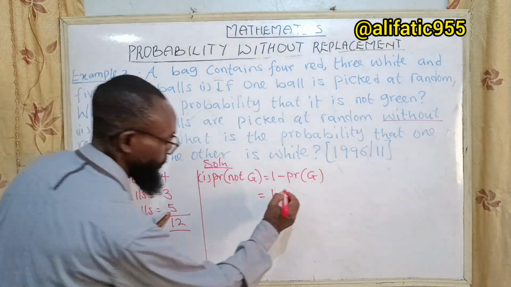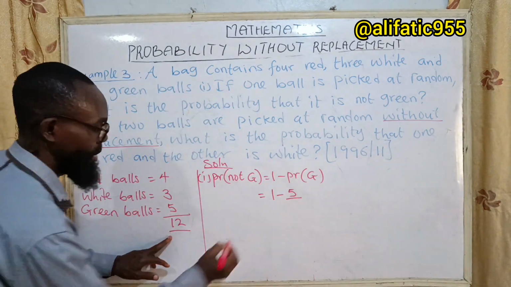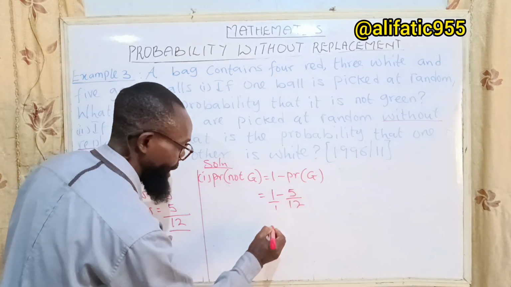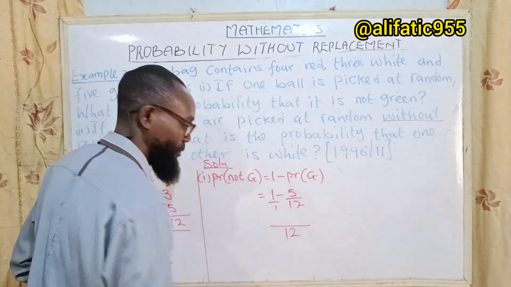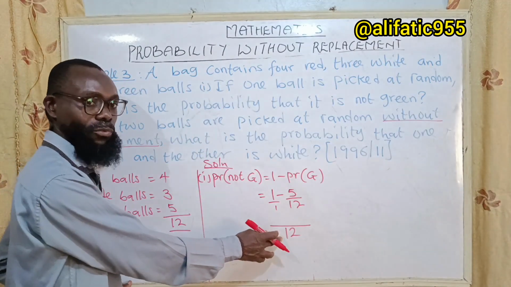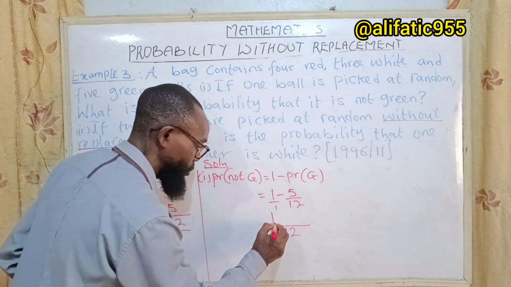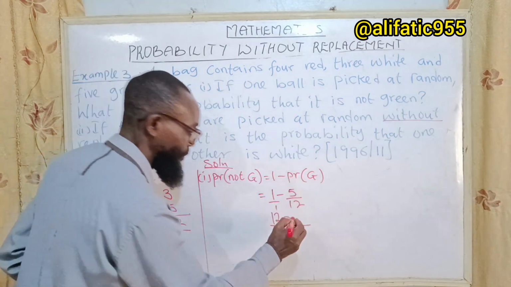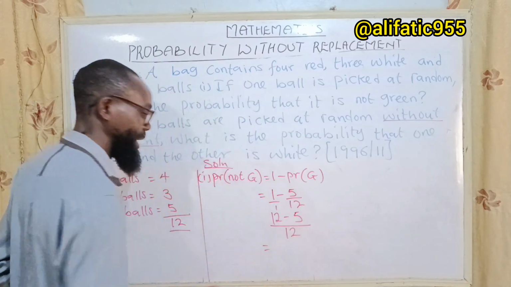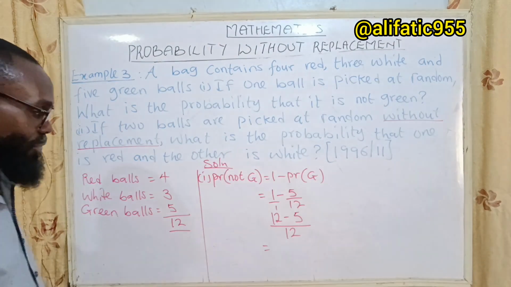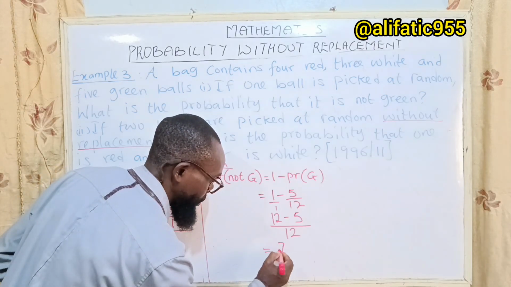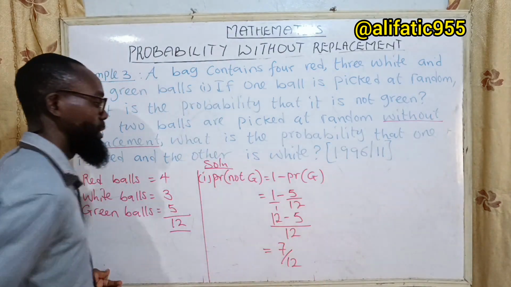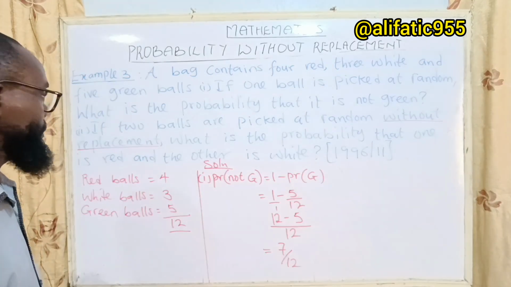That is 5 over total number 12, over 1 here. The LCM here is 12. How many times can 1 go in 12? We have 12. 12 times 1. 12 minus 12 is 0. 1 times 5, 5. So when we now take away 5 from 12, we have what? 7 over 12. So that is question 1.